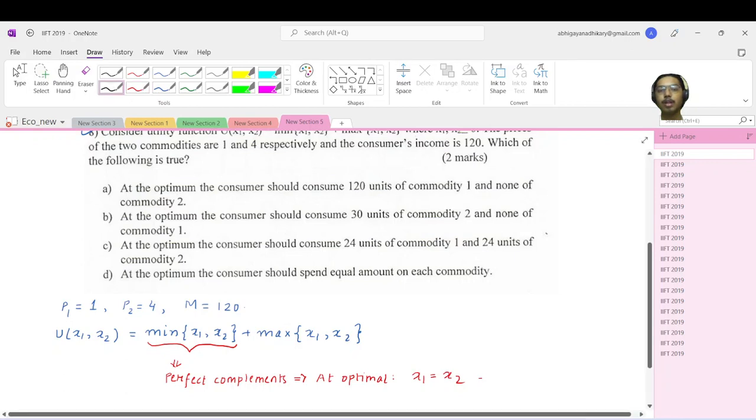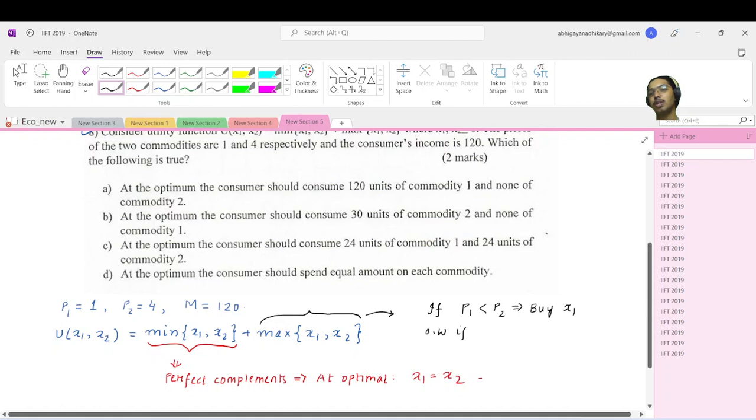And over here, this is the max utility function, and this basically says that your max utility function means that you're going to buy the good which is cheaper. That is, if p1 is lesser than p2, that means he will buy x1.